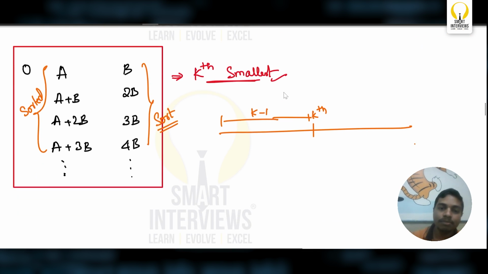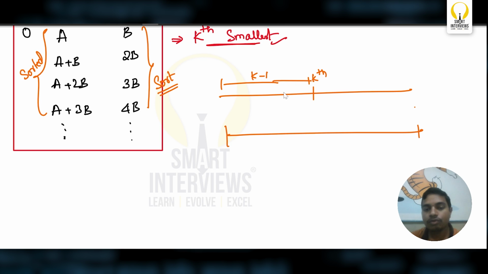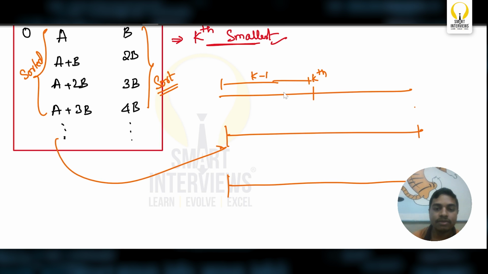In the same manner, exactly over here, this is not just a single array, but instead a combination of two arrays. This is the first one and this is the second one. In the first array, let us say we found some value which is less than k, and we also found some other value which is less than k.